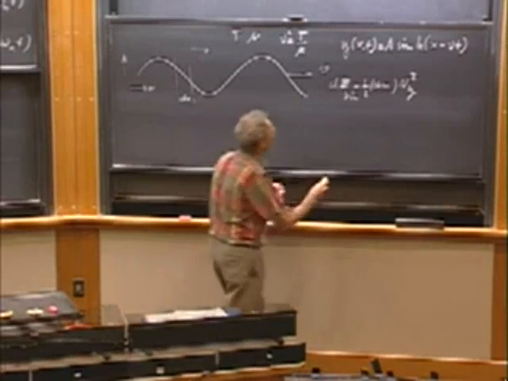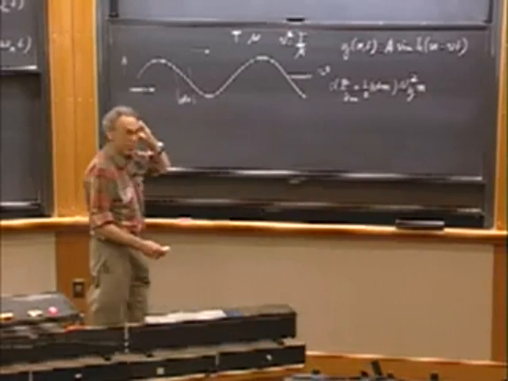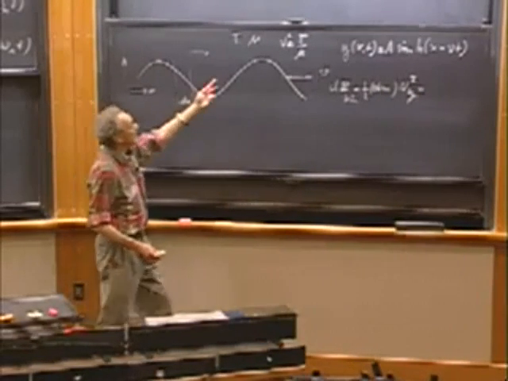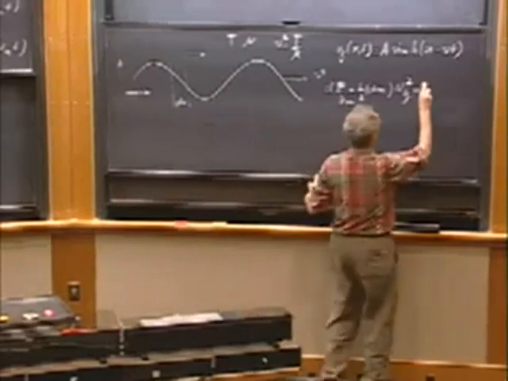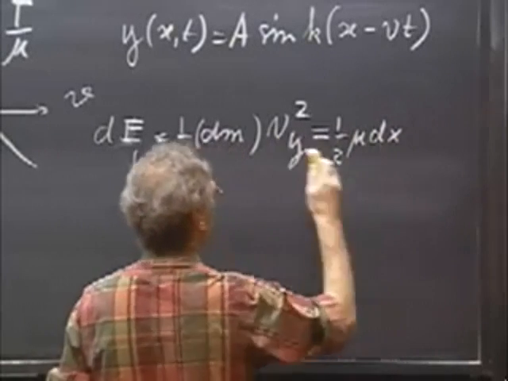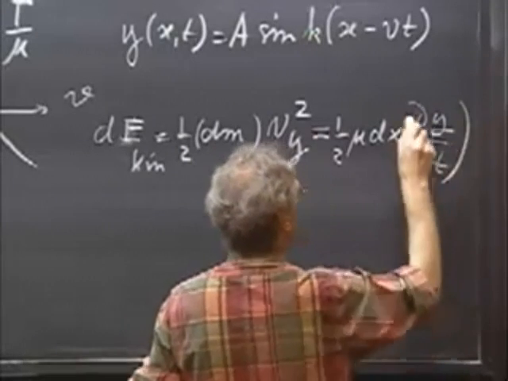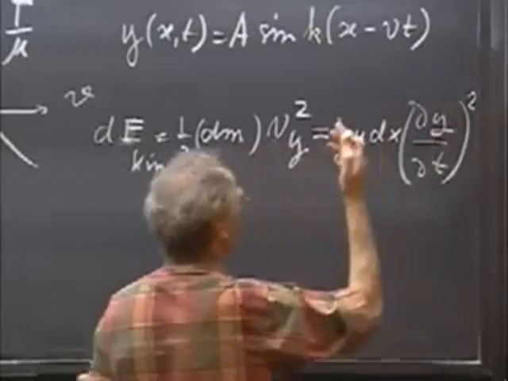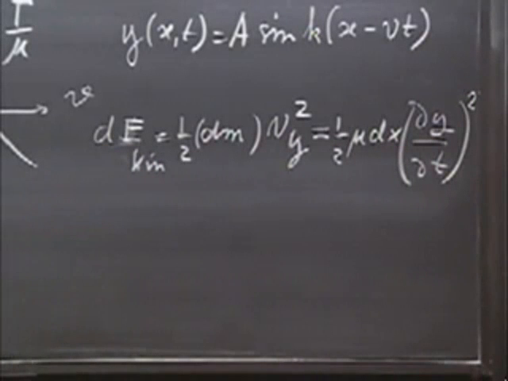So I can write this down. dm is obviously mu times dx. If I have a length dx here, and I have mu kilograms per meter, so I get here 1/2 mu times dx. And for this, I write down the partial of y with respect to t, squared. This is the velocity in the y direction. And I use partial derivatives because I do it at a given location for x.